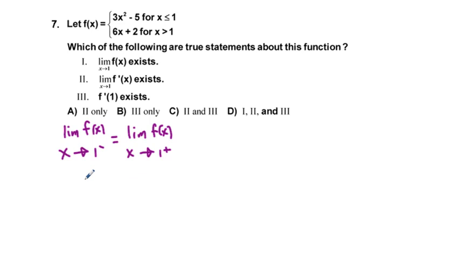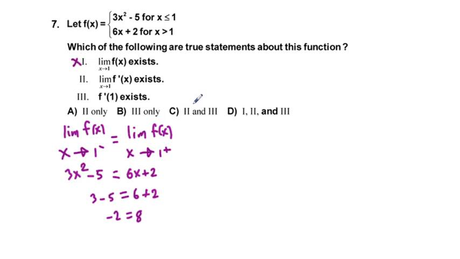We put in 3x squared minus 5 for the left side equals 6x plus 2 for the right side, and substituting in, we have 3 times 1 squared, so we get 3 minus 5. On the right side, that's going to be 6 plus 2. So we get negative 2 equals 8. Are they equal? No, they're not. So the limit does not exist.